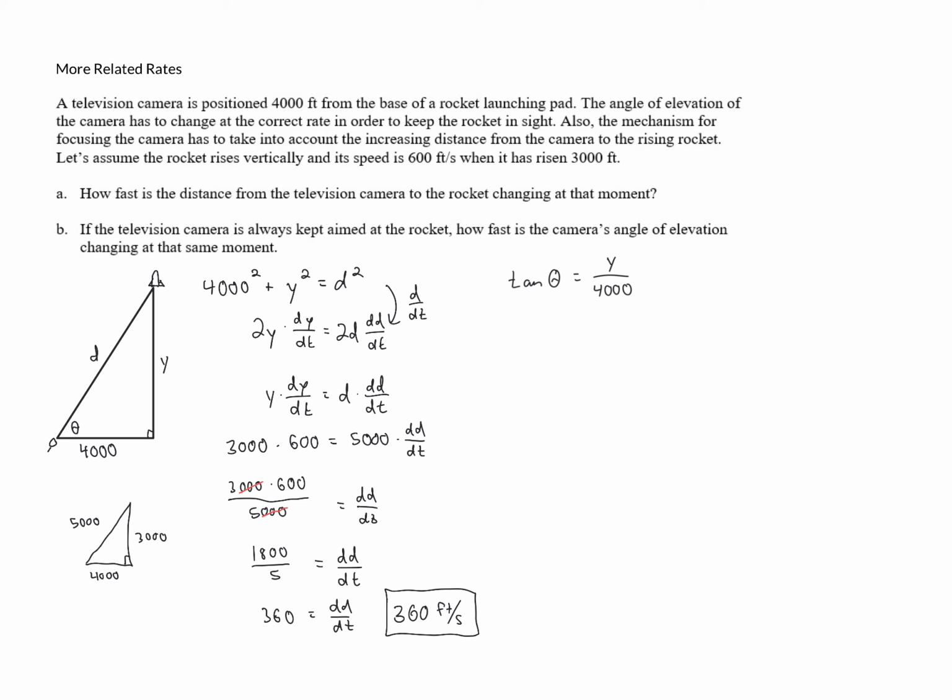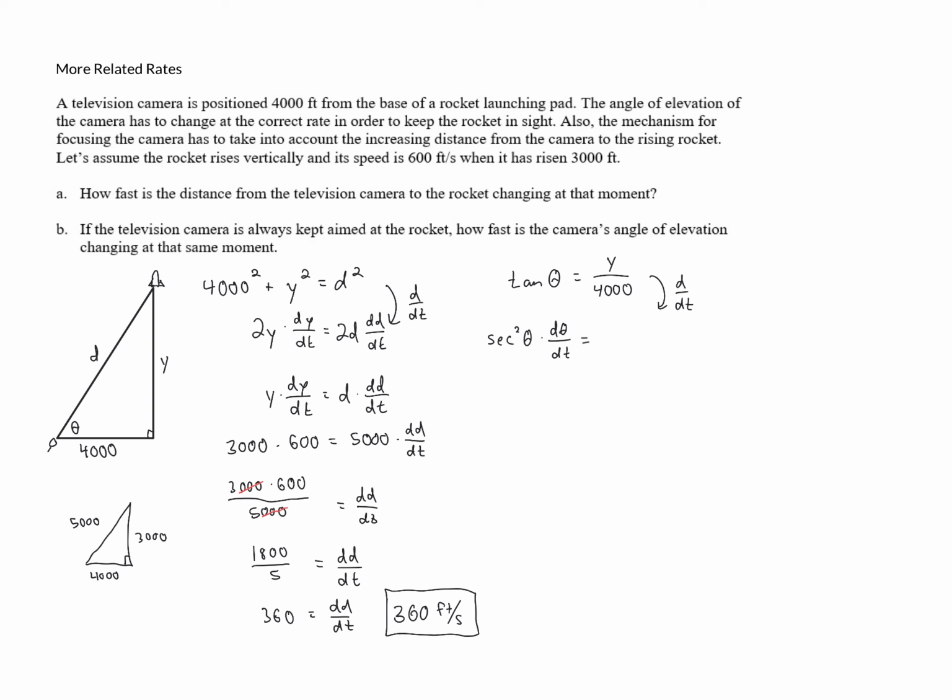So once we have that, we can differentiate with respect to t. The derivative of tangent theta is, do you remember? Secant squared theta. But then we have to multiply by d theta over dt because theta is a function of time. Remember that angle is changing as time moves on. So that's our left-hand side.